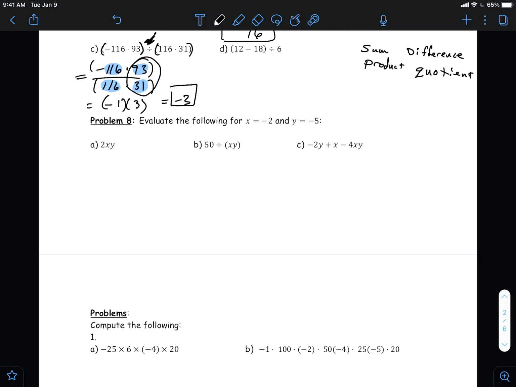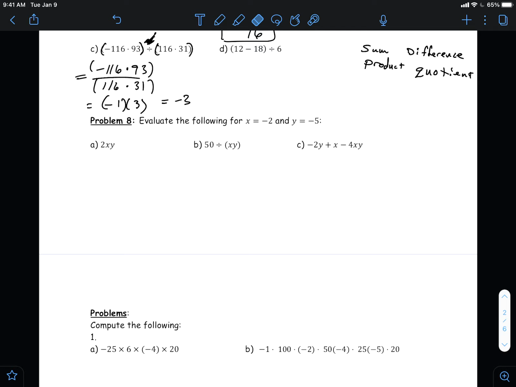If you don't believe me, there's nothing wrong with checking. Just to bring you back here for a sec, all these questions have been written from the standpoint of, can we do this without a calculator? Well, let's say you didn't have a calculator, and you didn't believe me in the way that I just did that. You would get the same result if you typed all of this in your calculator.